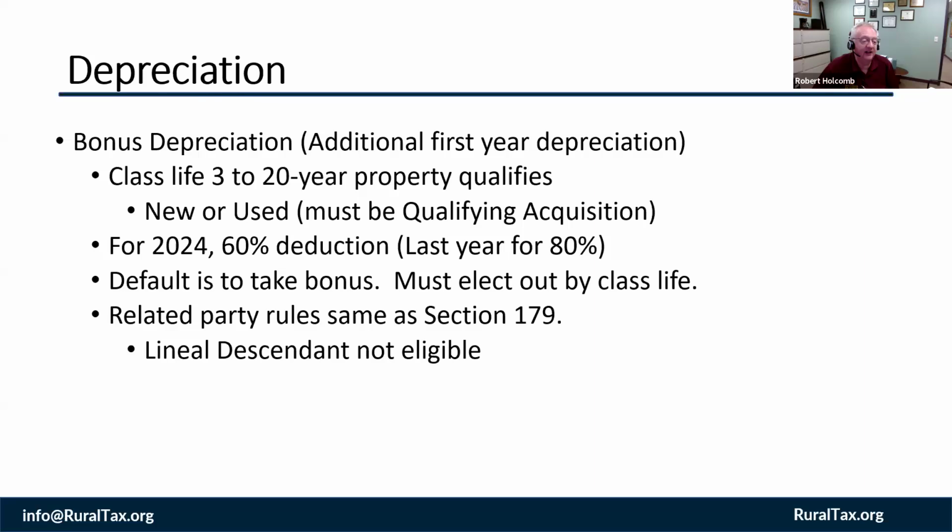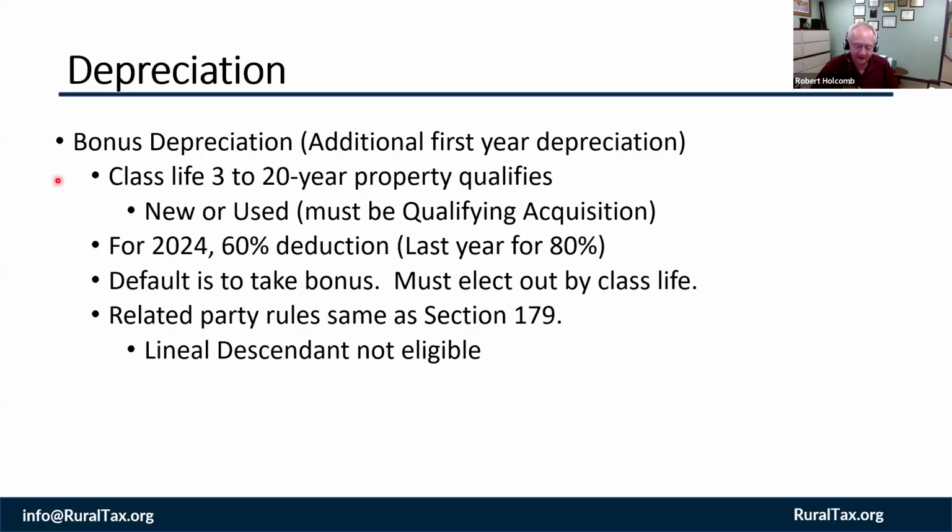Now the other side of that coin is bonus depreciation. All right. Bonus depreciation has been around for probably, well, for over 20 years in some variation or another. But with bonus, it's also accelerated depreciation. But bonus is like a light switch.